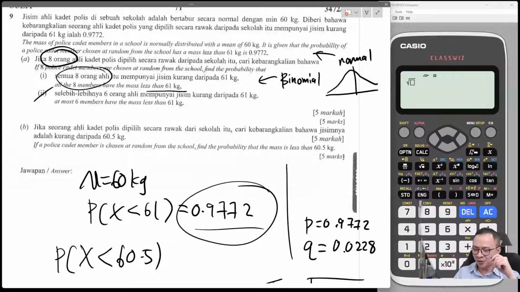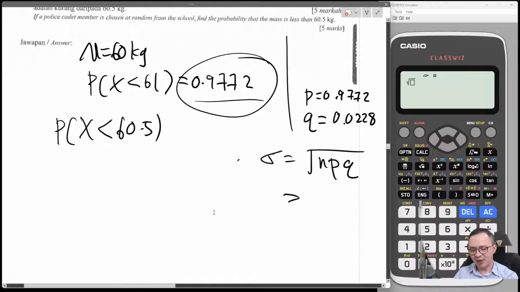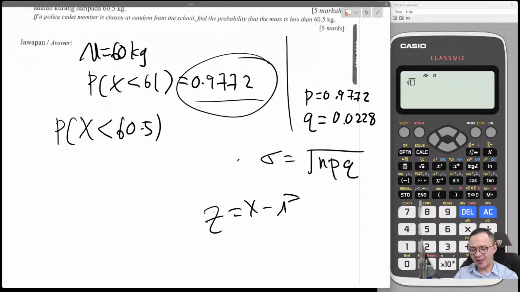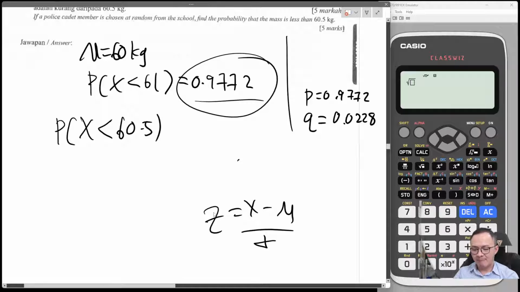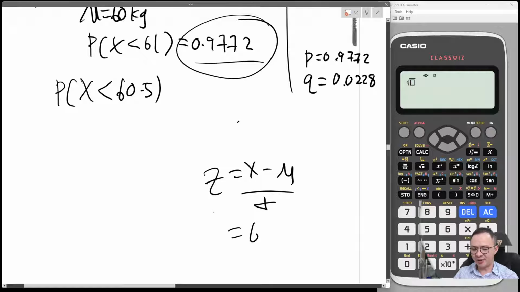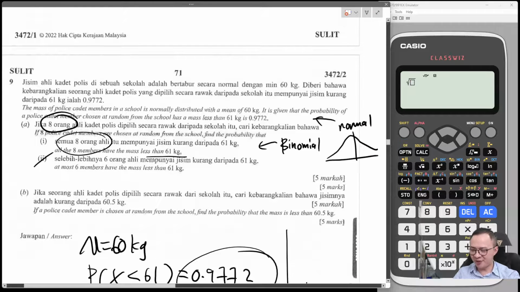If a cadet is chosen at random, find the probability the mass is less than this one. Okay, z is equal to x minus mean over standard deviation. This is 60.5, the mean we have is 60, standard deviation we do not know. But how do you know it's 1.999? Does the question give us anything about that?